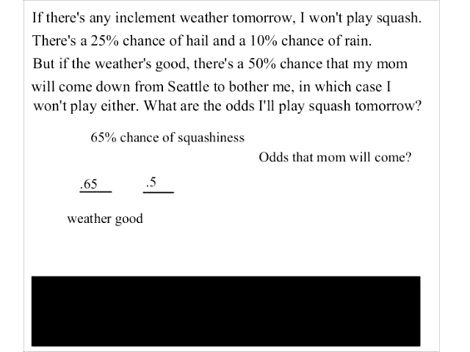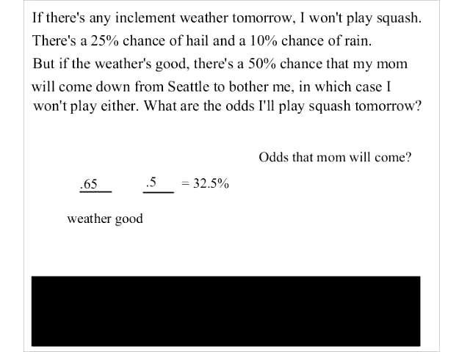Yeah, it's 32.5%. Right? It's half of this. And again, if you need to work out why that is, we're just doing 1/2 times 0.65, which would be 0.325, which translates to 32.5%. So there's a 32.5% that the mom will come anyway. And in addition, there is now a 32.5% chance that squash will get played.